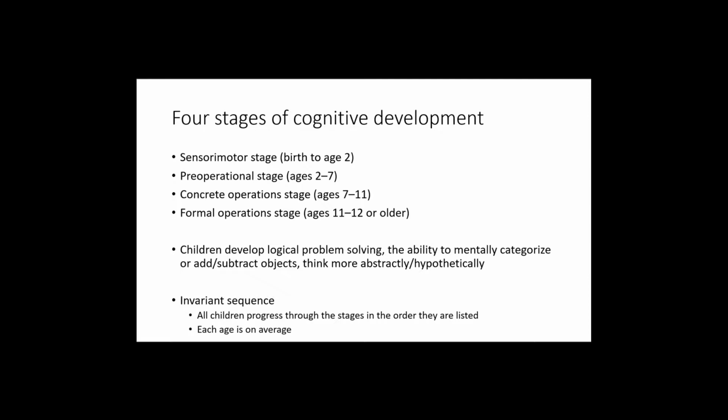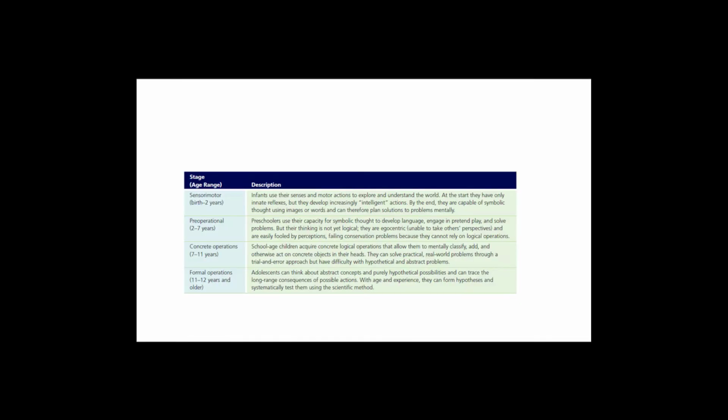Rooted in that ability to think more abstractly is the development in a child's ability to mentally categorize objects within the environment that they're actively interacting with. We're going to get into more detail on this later in the course, but this is like a little treat before our big meal. And I'm not going to read this off, but these are the stages.